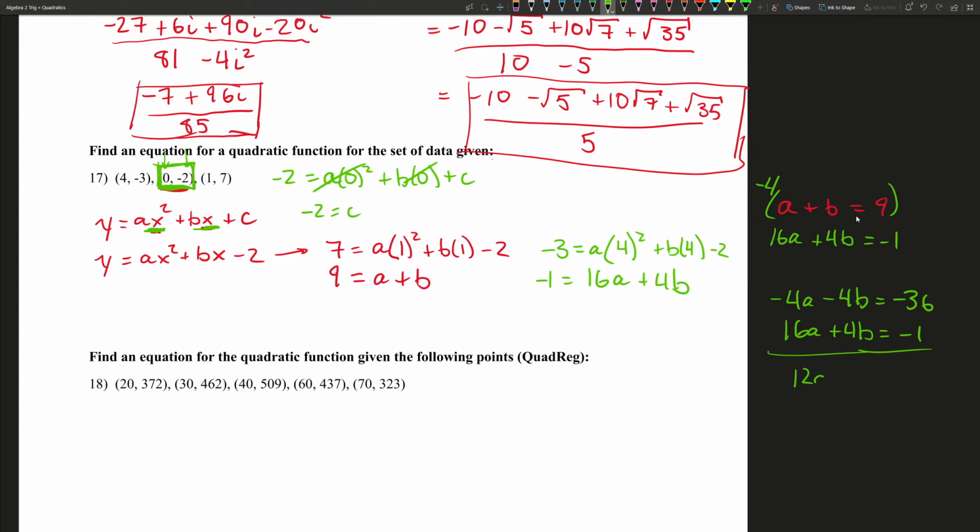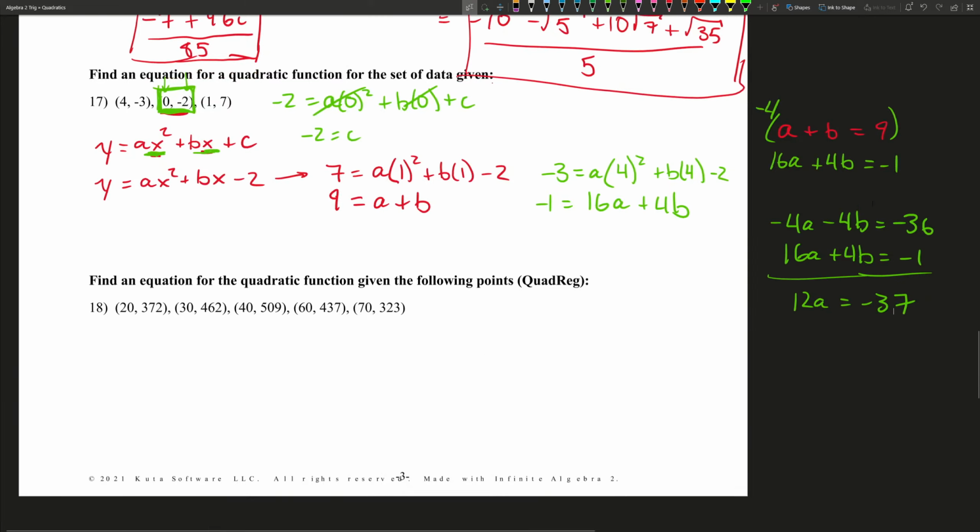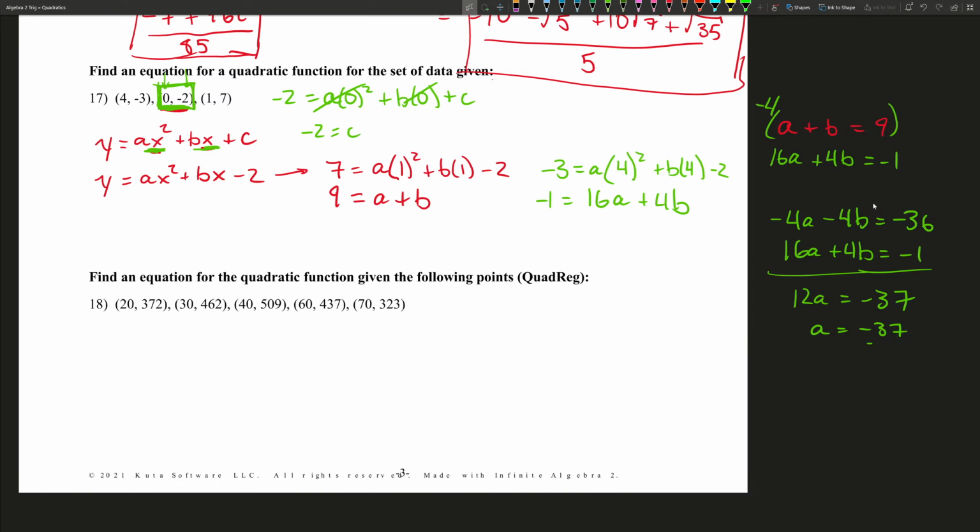We get 12a is equal to negative 37. That's a little bit dirtier than what I wanted. And then a is equal to negative 37 over 12. Is that right? I thought I made this a little bit cleaner, but I guess not.